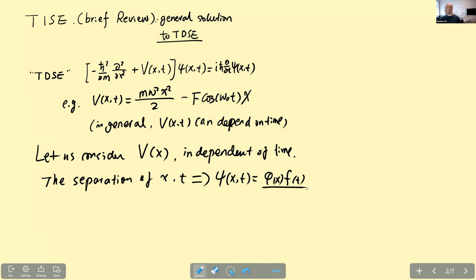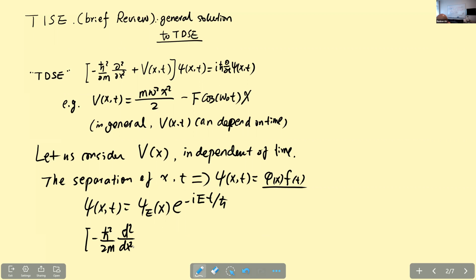We write down the equation. The solution is that psi(x,t) is going to equal psi_E(x) times e to the minus iEt over h bar. The time-dependent part is very easy to solve, and then the time-independent part becomes something like this.